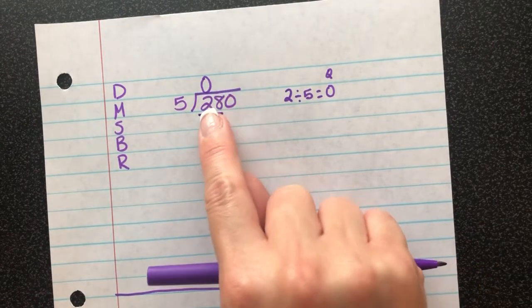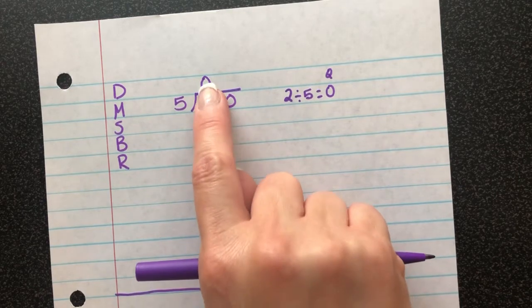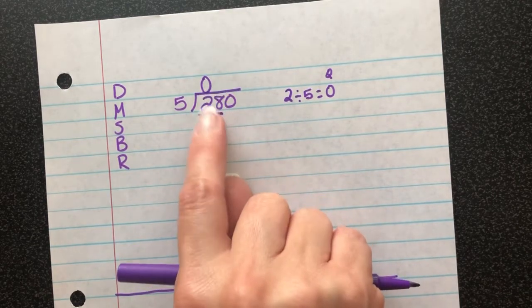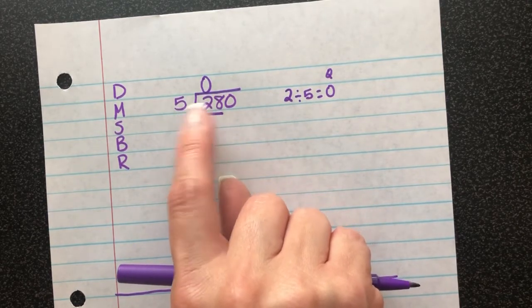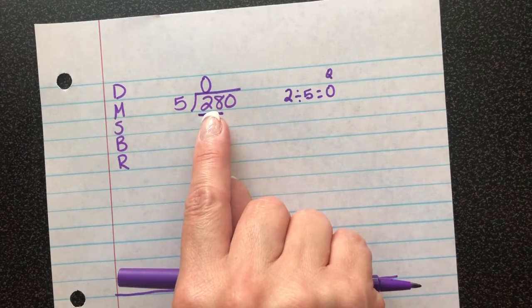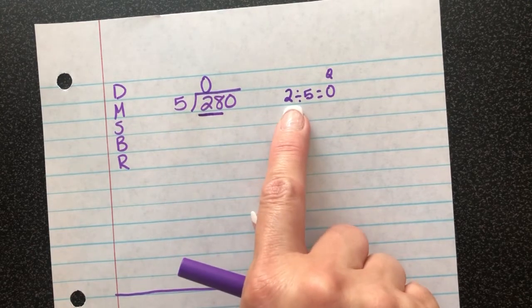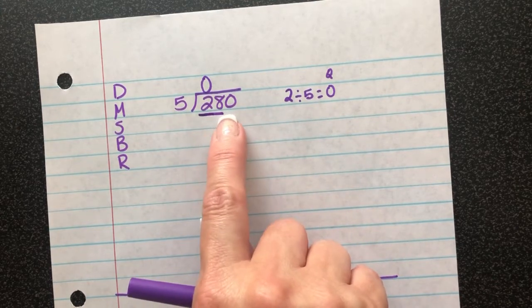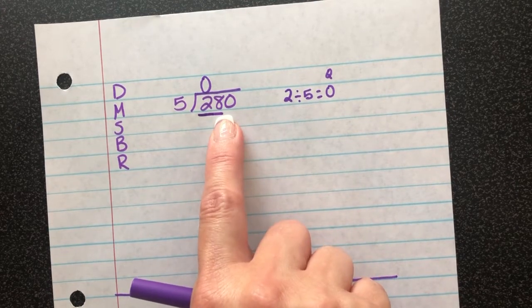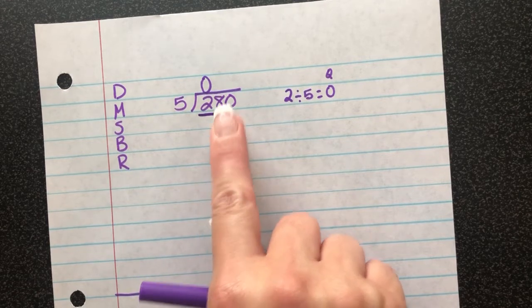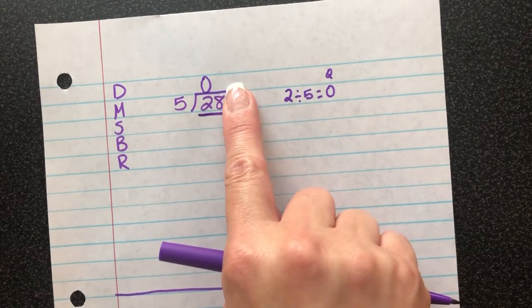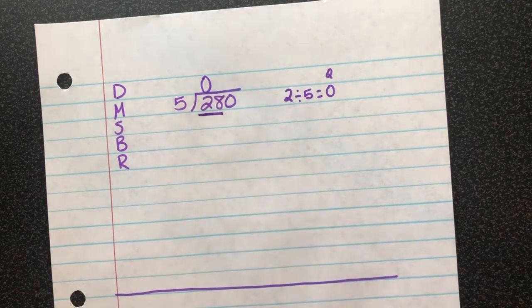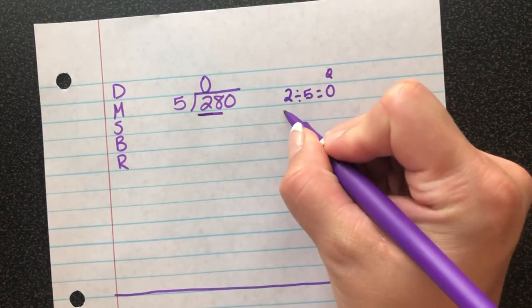You only do this when you're not able to divide that first digit in the dividend by 5. So when that first digit is less than your divisor, you have to stretch your underline to include the second digit. So now we're going to divide 28 divided by 5.